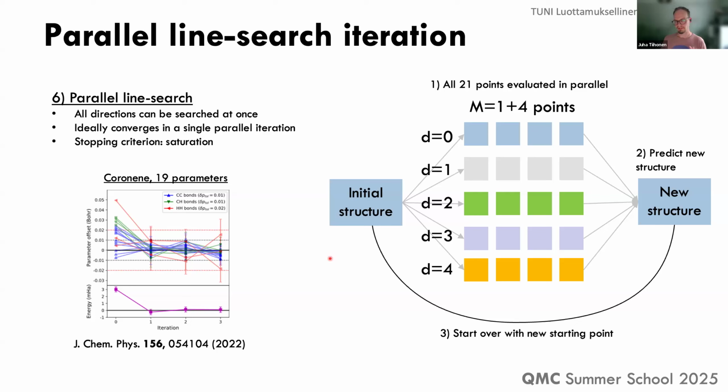We can do them all at once and reduce the wall time if we just have the resources. Generally speaking, the algorithm goes so that we have an initial prediction for the equilibrium, then we expand it to all these conjugate directions, evaluate the points, resolve the line searches, and by doing so, we get a new structure, which we then feed in and start over, and repeat until converged.